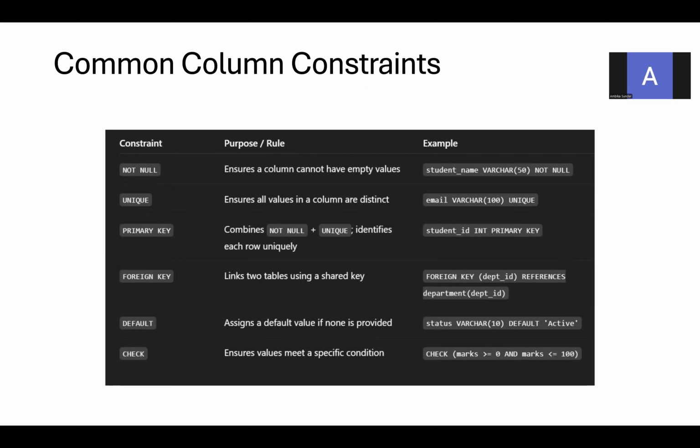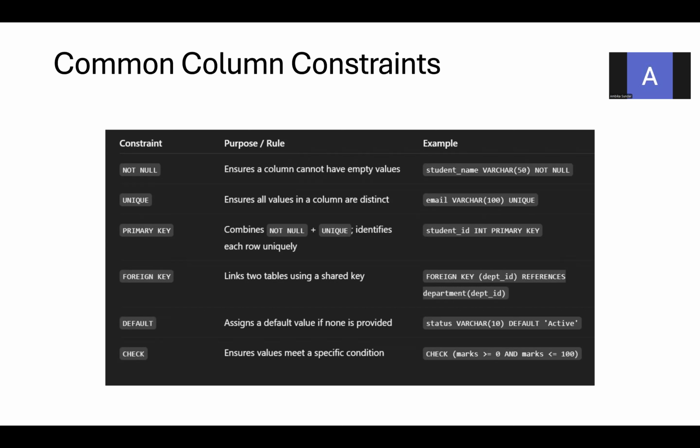Unique means ensure all the values in the column are distinct. Email varchar of 100 unique. So in this, you are going to maintain a unique email ID so that the same email ID should not be repeated.